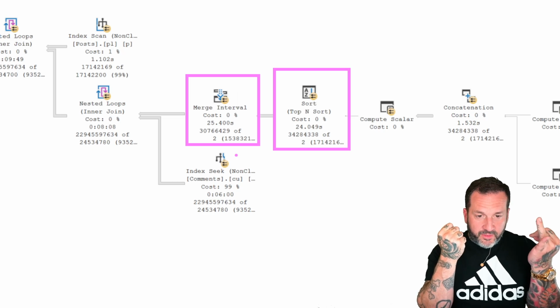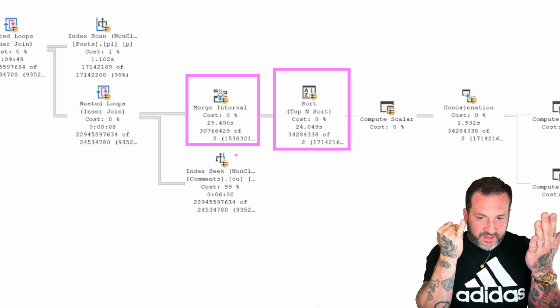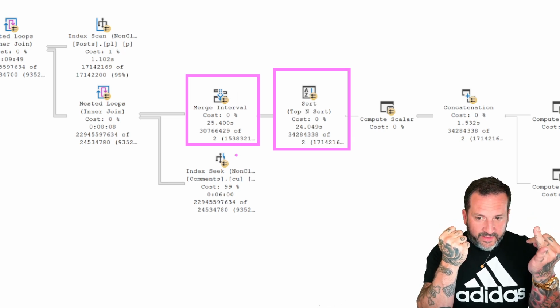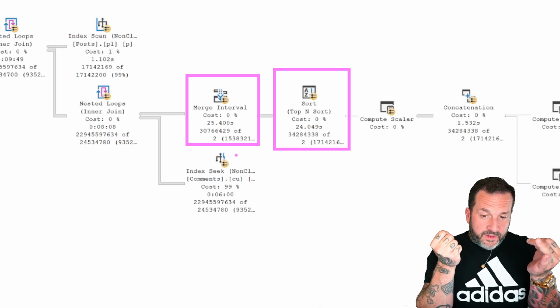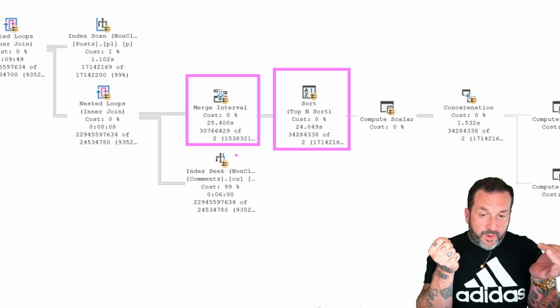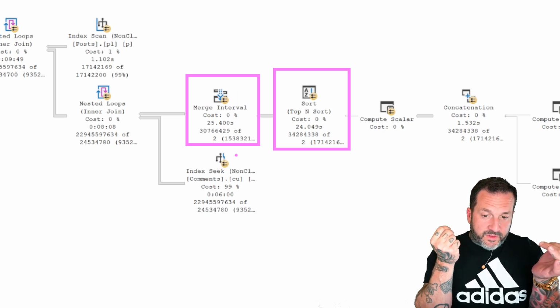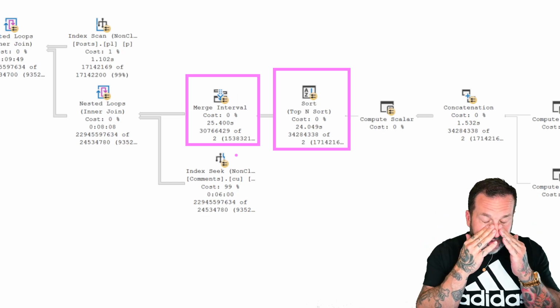That is an 8-digit number of rows. And we end up with 30,766,429. That is still an 8-digit number of rows. Granted, we got from an 8-digit number that started with 34 to an 8-digit number that started with 30. But I don't know if that was quite worth the now about 25 seconds of time that we spent doing that.